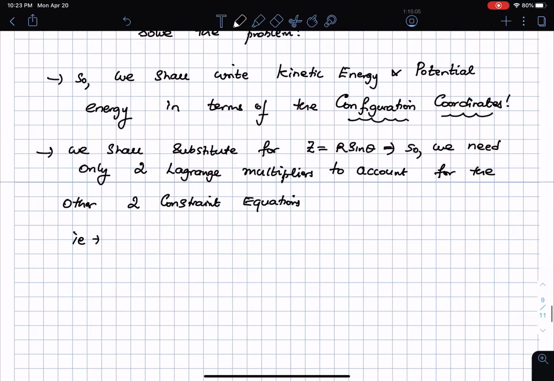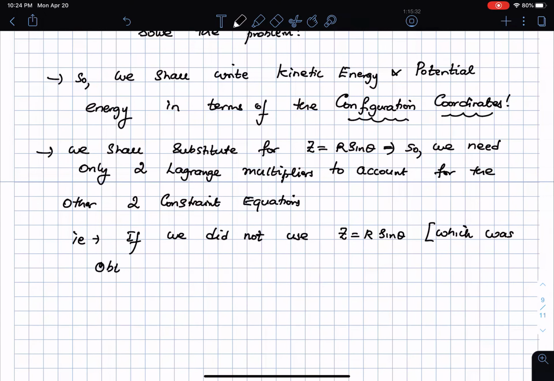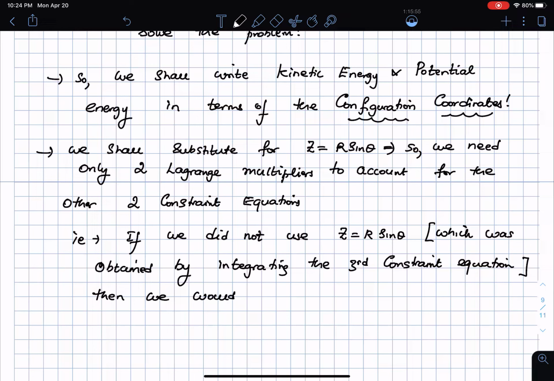That is, if we did not use z equals r sine theta, which was obtained by integrating the third constraint equation, then we would have needed three Lagrange multipliers to account for all the three constraints.